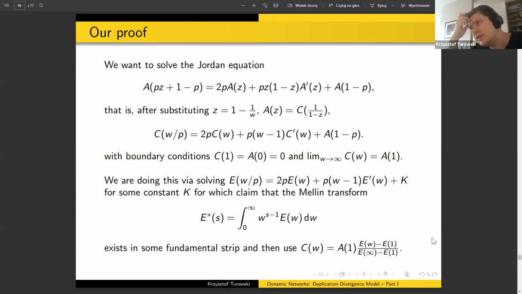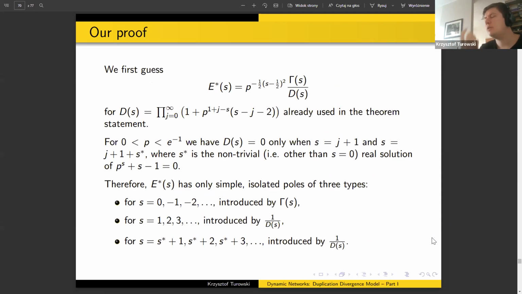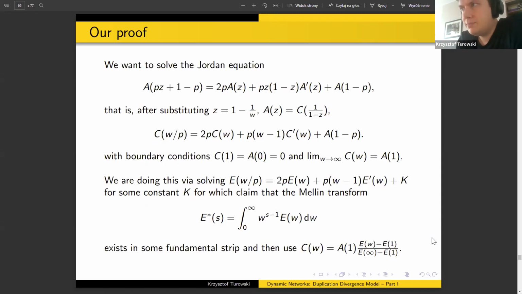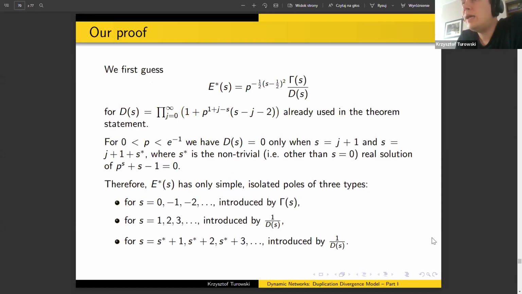From our rough computations, we knew that the solution should be like that. Okay, and there are two things that we want to prove. First, that it indeed has the reverse Mellin, which gives us this equation. And second, which properties does it have?